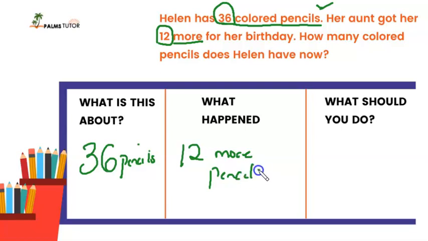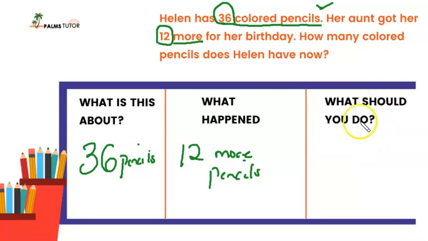That's what happened. Now, how many colored pencils does Ellen have? This is the question. How many colored pencils does she have now? Not at the beginning. Now that someone has given her more. So if someone gives you more, what is that? Do you have more or less, or is it divided?